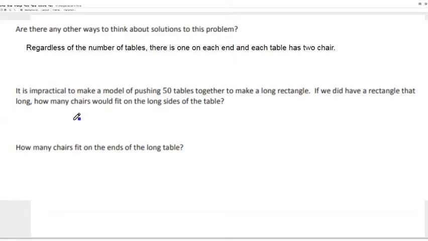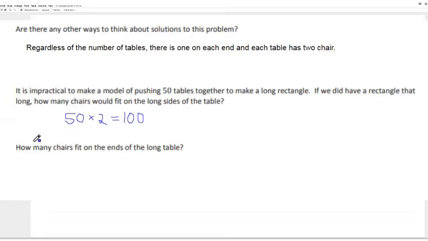Remember, each table has 2 chairs. So if we had 50 tables on each side, we would have 50, and we'd multiply that by 2. Oops, not 5. I was putting 5 again. So if I had 50 tables, each table would have 2 chairs. That'd be multiplied by 2 groups of 50. That would be 100 chairs along the side.